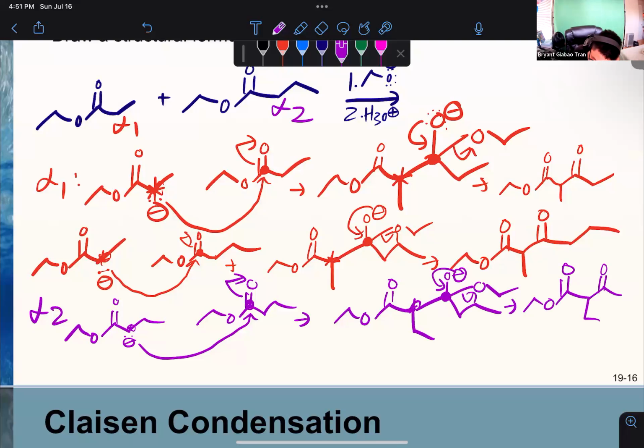Okay, and then our last product is if this second alpha carbon attacks the other ester, which is going to be this.